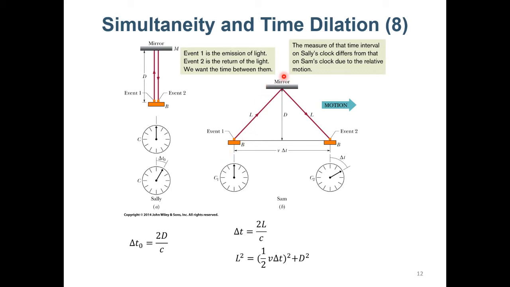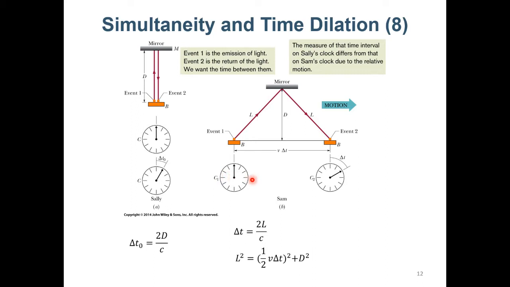For this line L and also this line, the time needs to be measured using two synchronized clocks, C1 and C2. So the time for these two segments should be the same and denoted as delta t, which means that at the very beginning, these two clocks are at 0, and B tries to move from here to there.